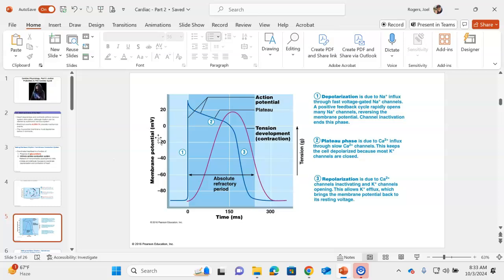Now, if there's too much calcium in the blood, what theoretically could happen during the plateau phase is, if the concentration gradient for calcium is higher than normal, more calcium could technically come into the myocardial cells during this phase. More calcium, more cross bridges, more force.